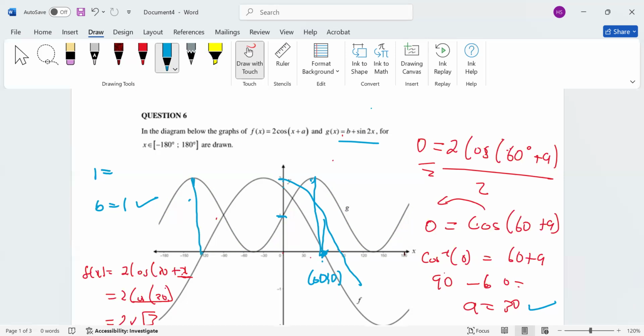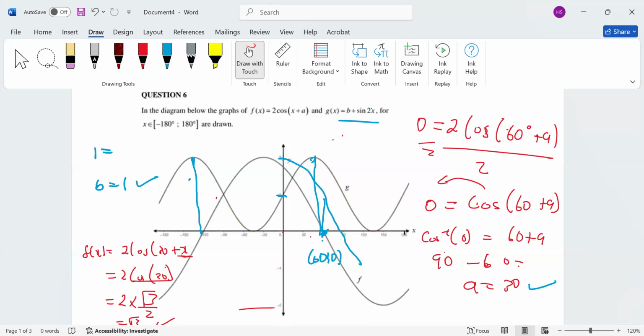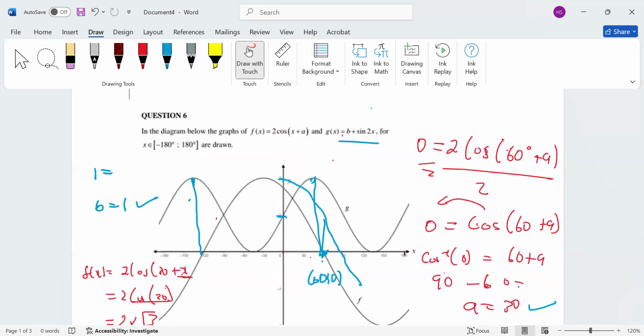Which one did you take? G of x. We're talking about G of x. G of x is the one, it's not the cos graph. G of x is this one, it's the sine graph.